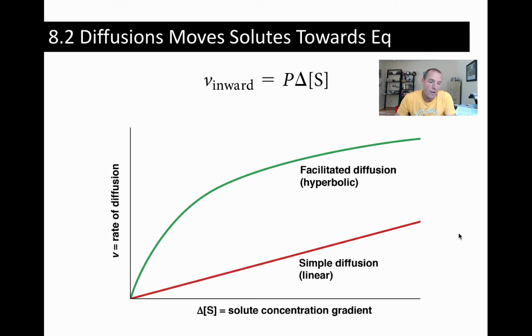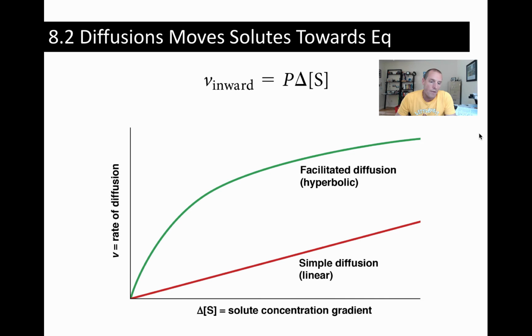But as we start to increase the magnitude of the gradient, we see that the rate starts to drop off, and so at some point over here, off of the graph, this rate will effectively flatten, and we can't really get a much higher rate of diffusion in terms of the velocity of the movement of solutes. And so you can think about that value as kind of as Vmax, if you like.